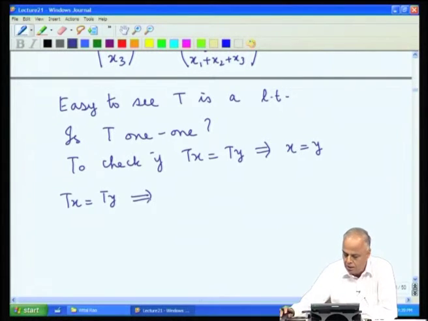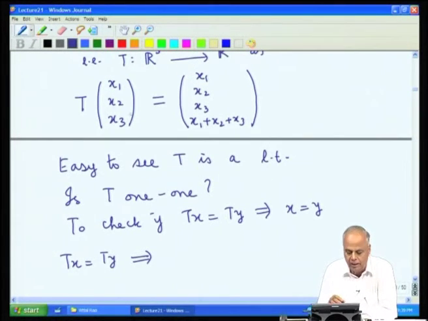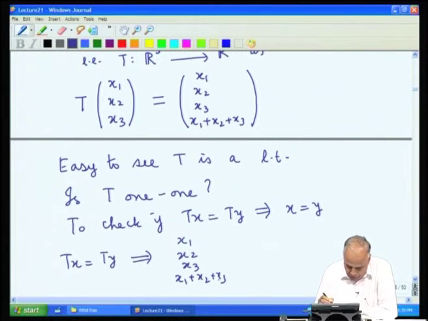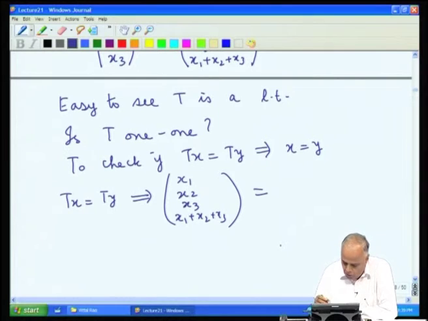That implies, by the definition of T, that x1, x2, x3, x1 plus x2 plus x3 must be equal to y1, y2, y3, y1 plus y2 plus y3.